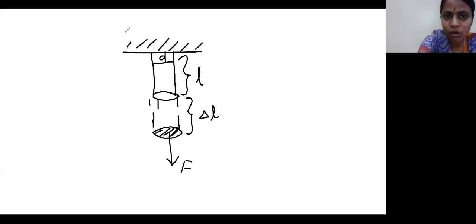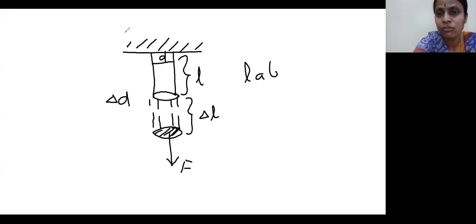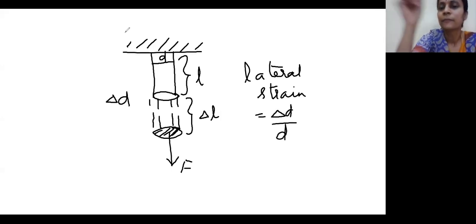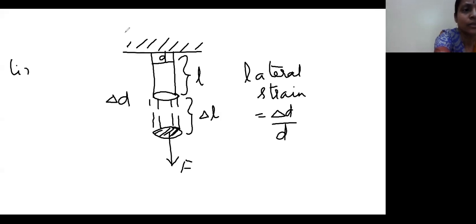The thickness is also going to reduce. So let us assume the reduced thickness to be del D. So what am I going to write the lateral strain as? The lateral strain is going to be written as del D upon D, while the linear strain is going to be written as del L upon L. Correct, children? Del L upon L.